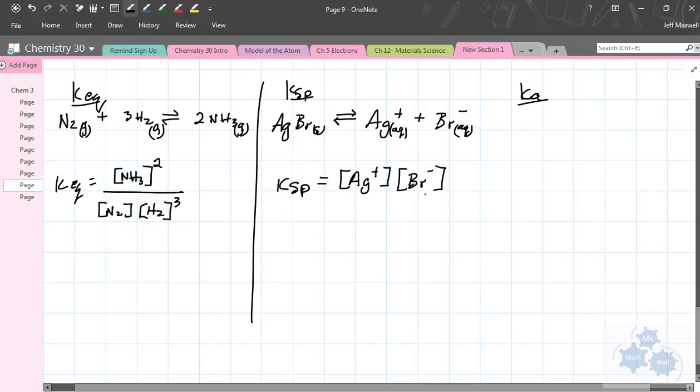So there's no denominator in a Ksp. Again, the value of the Ksp, if it's really high, that means we have lots of ions in solution, and therefore a high Ksp means this solid is very what? Soluble, yeah, soluble is what I'm looking for.